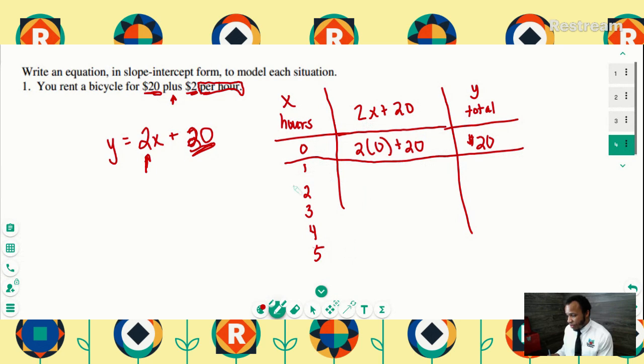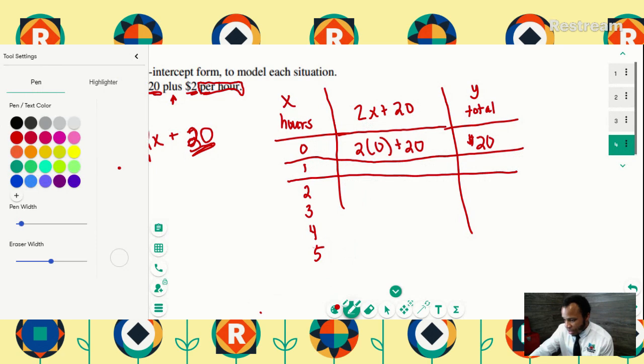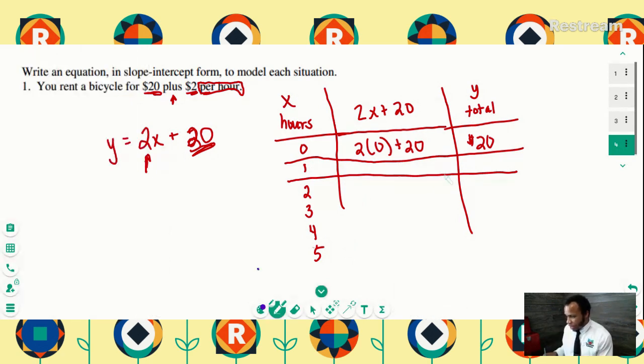Now from here, what happens is, let's just say you decide to get the bike, and you decide to keep the bike for 1 hour. So you have the $2 times 1 hour plus the $20 you have to pay in the beginning. So order of operations tells us to start with multiplication first.